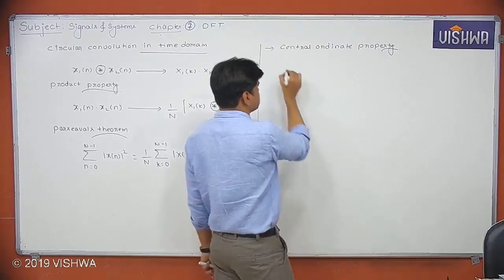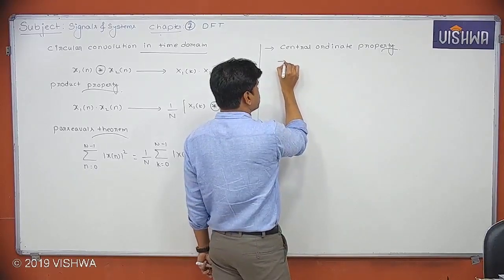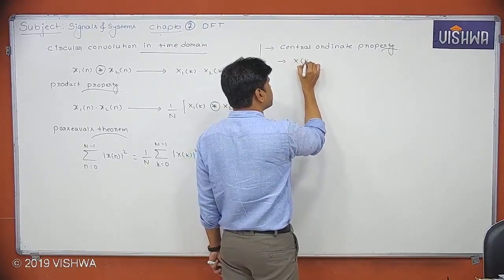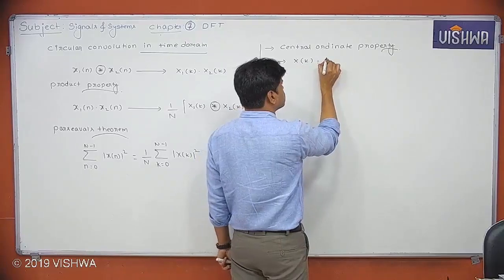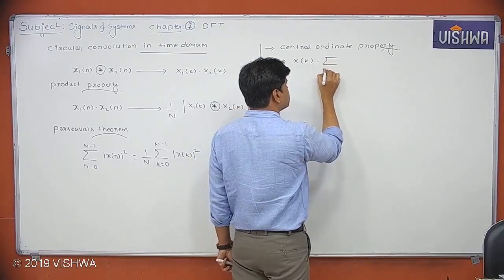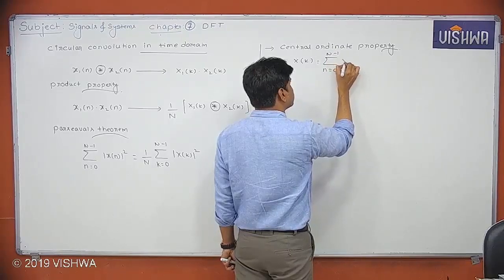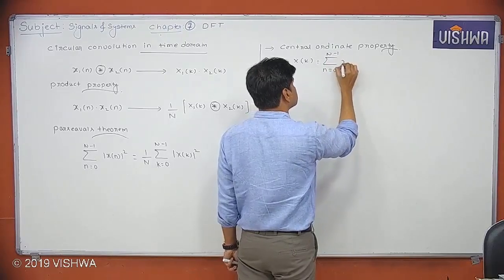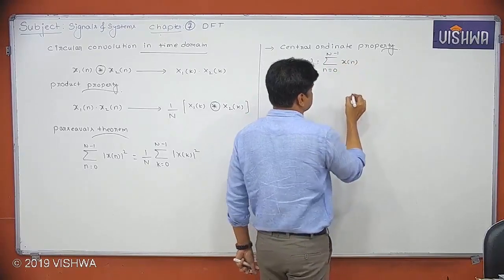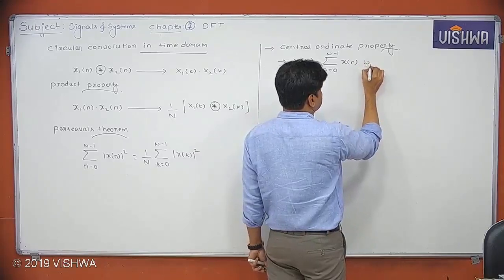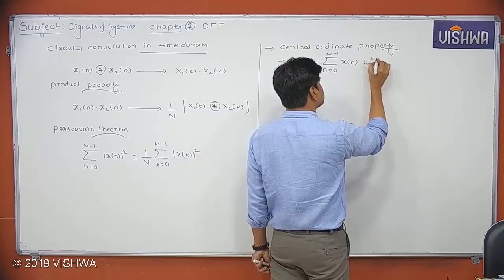First, let's say we know that X of k is equal to summation n is equal to 0 to N minus 1 x of n W_N power kn.